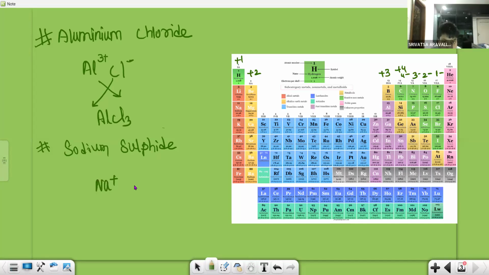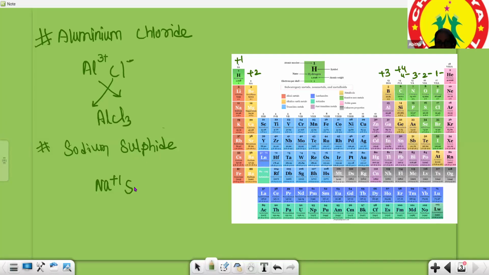And sulfide is from sulfur, which is S. For sulfide it is -2.